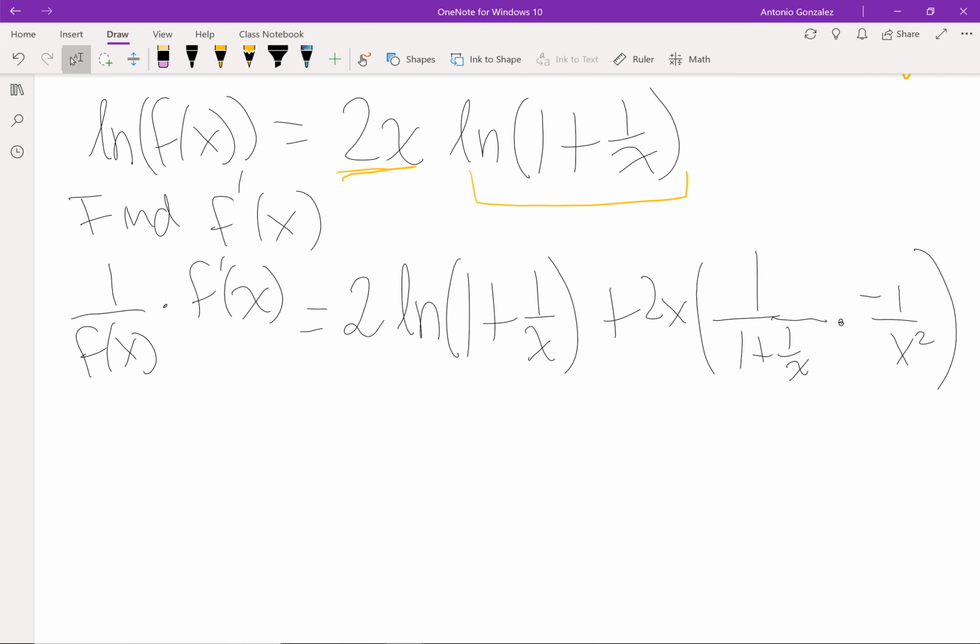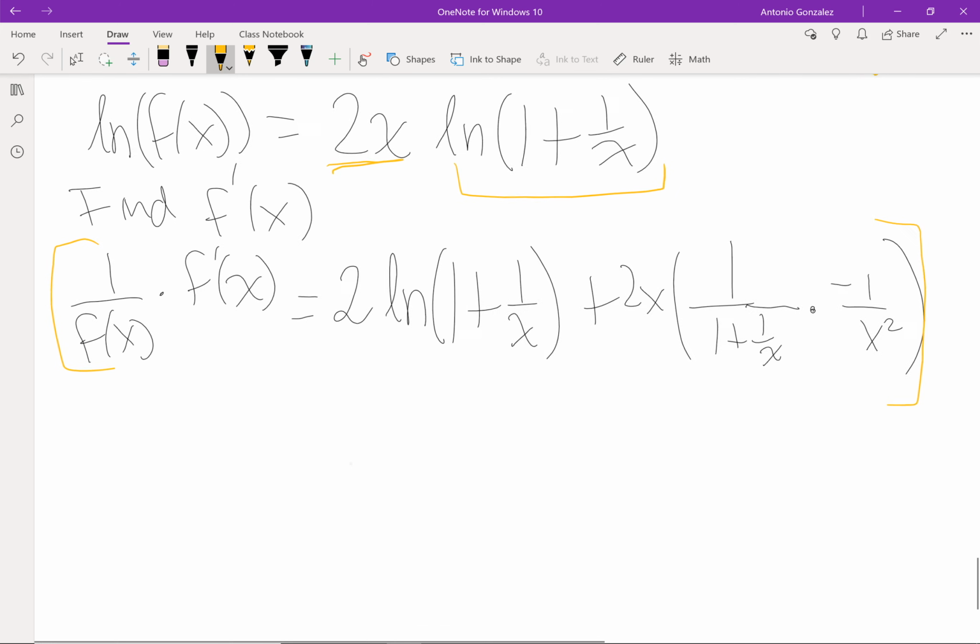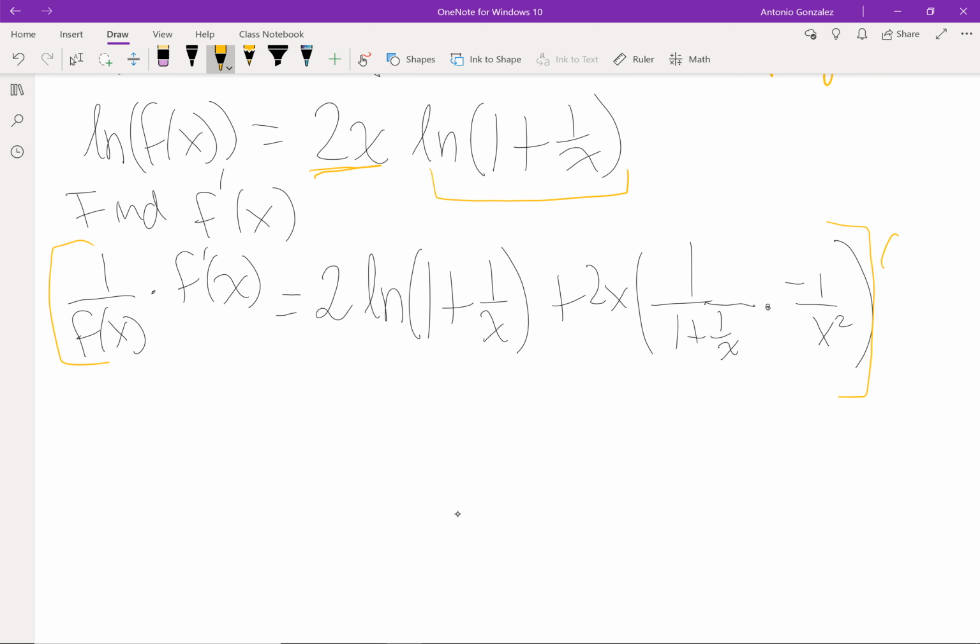Okay, so from here, let me multiply both sides by f of x to get rid of this here. F of x, and then on the left side we have f prime of x equals, and here I'm going to do a couple things.